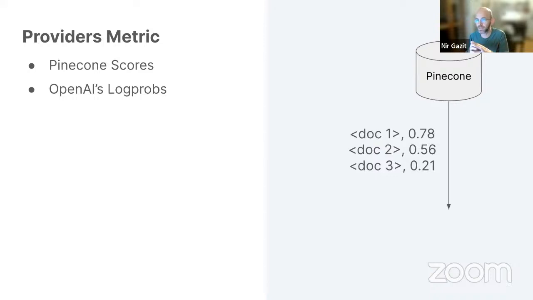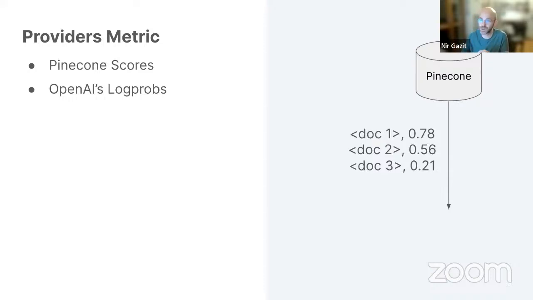This means that if the document is really far away from the question, it's probably not relevant to the question. So the user asks something that is completely irrelevant, which means the LLM is going to hallucinate because it has no idea how to answer the question given the context that you've given it.